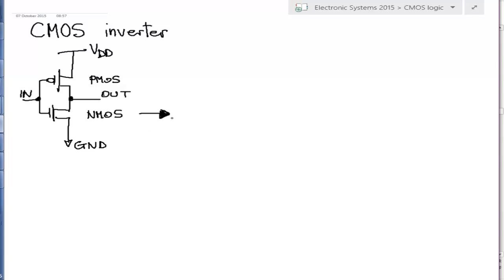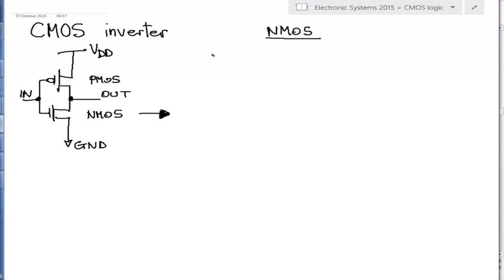So it's probably also important to write down the current voltage characteristics for Nmos and Pmos in all operating conditions. Let's start from the Nmos first. So as you know, there are three operating conditions.